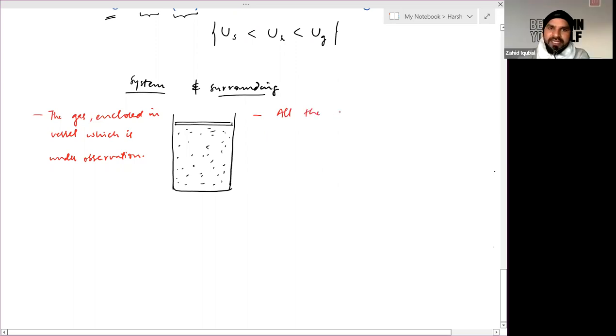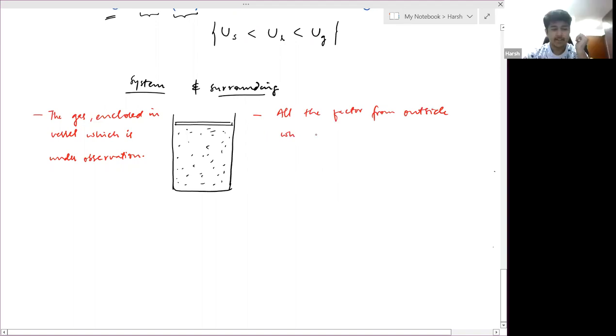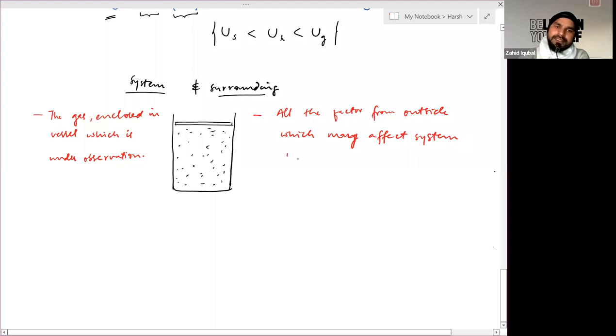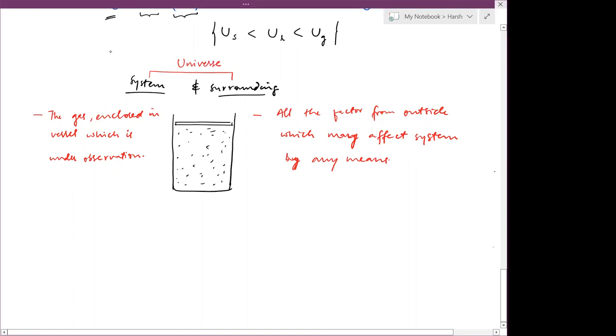All the factors from outside having a direct effect on the system, which may affect the system by any means, are called surrounding, and system and surrounding combined are called universe. Is it clear? Yes, sir.